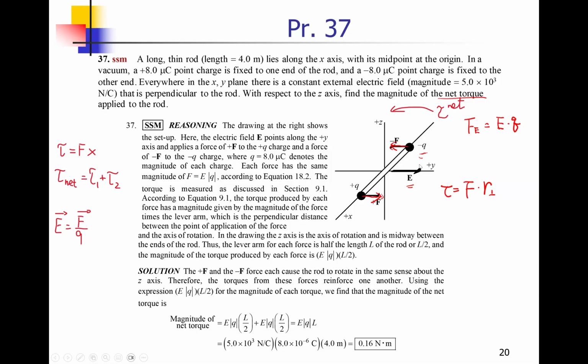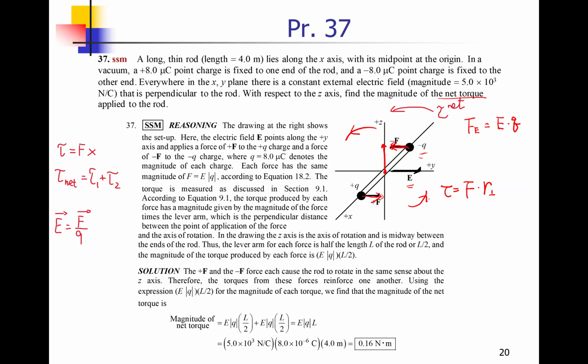Torque equals force times lever arm. If you remember, this is the z-axis, the axis of rotation. This force makes a torque rotating this direction, which is counterclockwise. And this is also counterclockwise.